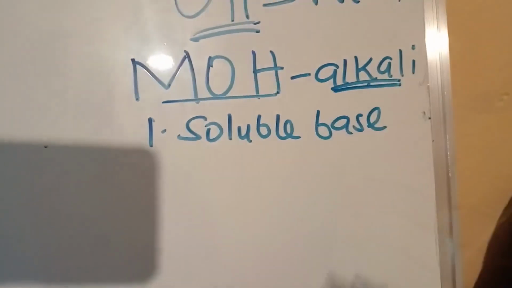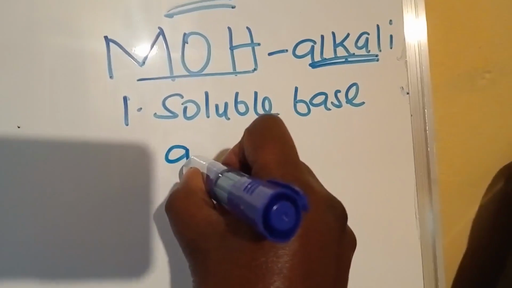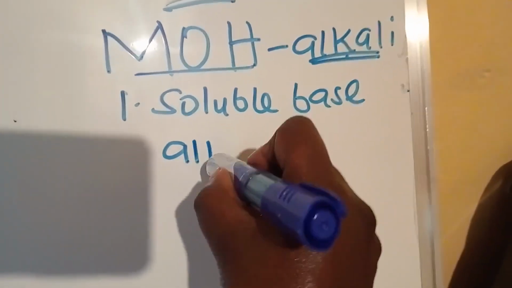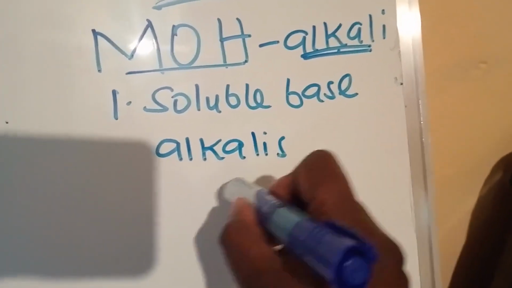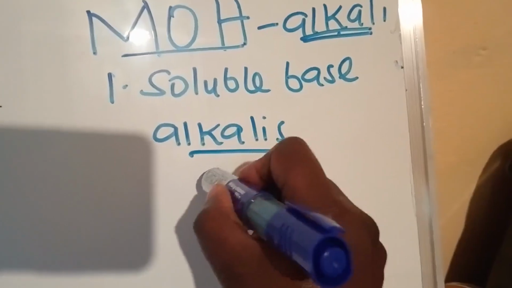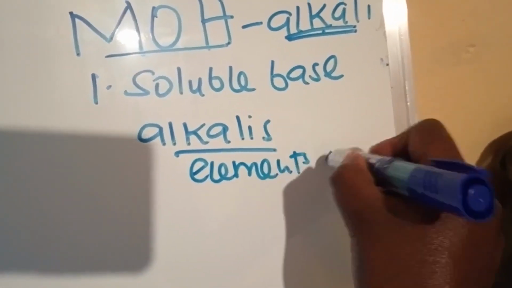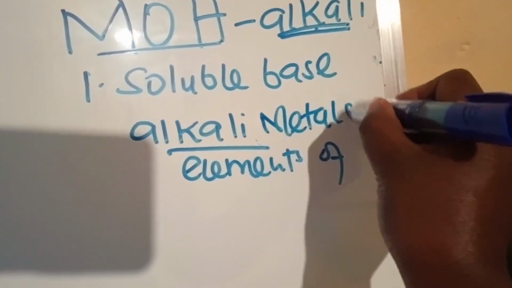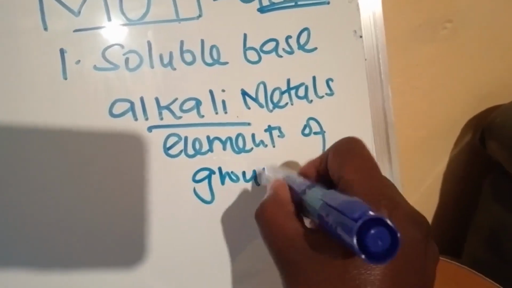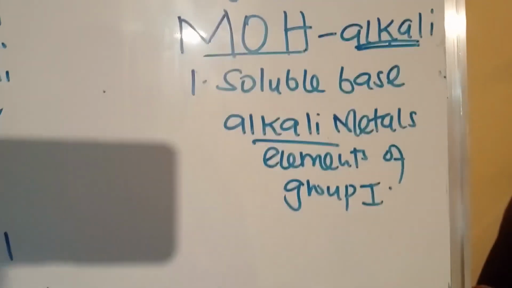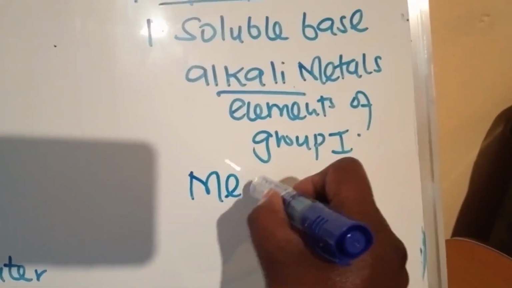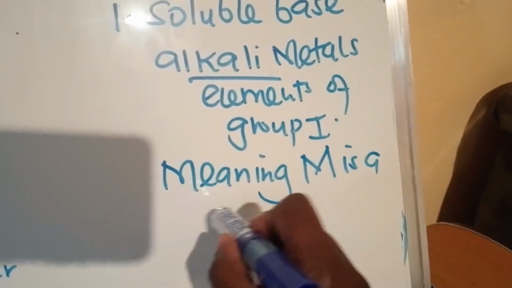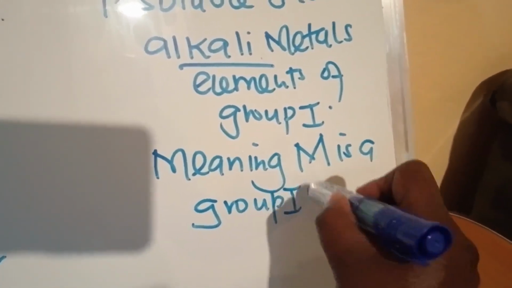The same alkali comes from that topic chemical families in Form 2, whereby alkali metals are elements of group 1. So meaning M is a group 1 element.